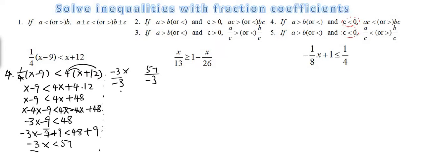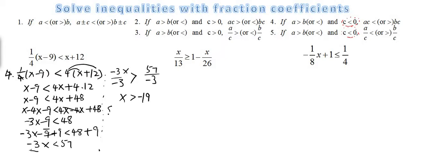You need to be careful because we divide by a negative number. That means we change the sign to the opposite one. Here it is less than, so we have greater than. So we have x, 57 divided by negative 3 is negative 19.